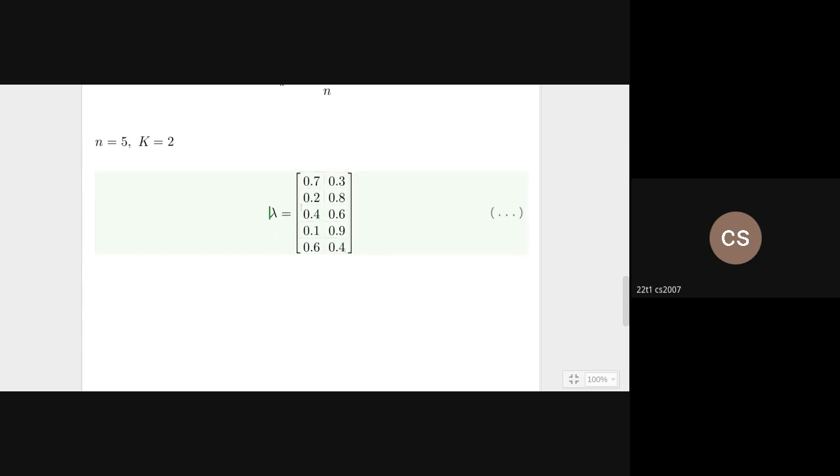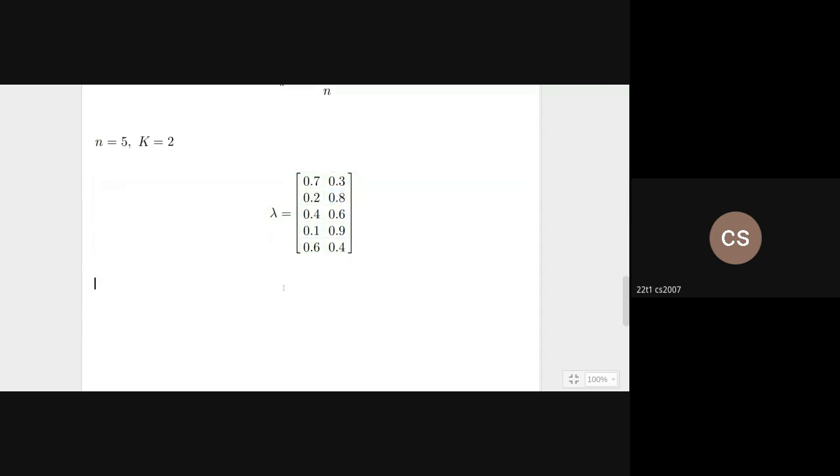We are saying that the probability that the first data point belongs to cluster 1 is 0.7, and the probability that it belongs to cluster 2 is 0.3. Here, cluster and mixture, I'm using interchangeably. Currently they are softly clustered, meaning there is a 70% chance that data point 1 goes to mixture 1, and an 80% chance that the second data point goes to mixture 2.